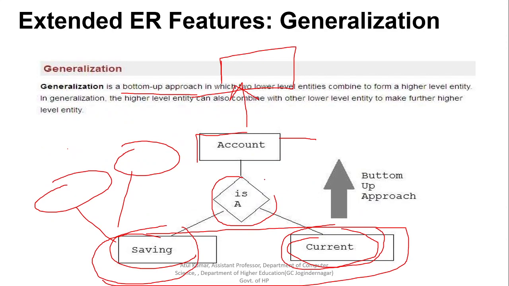So to represent a generalization we use a diamond shape or a triangular component, and inside it we write is a. If we write is a inside this kind of shape, then it is the symbol of generalization.